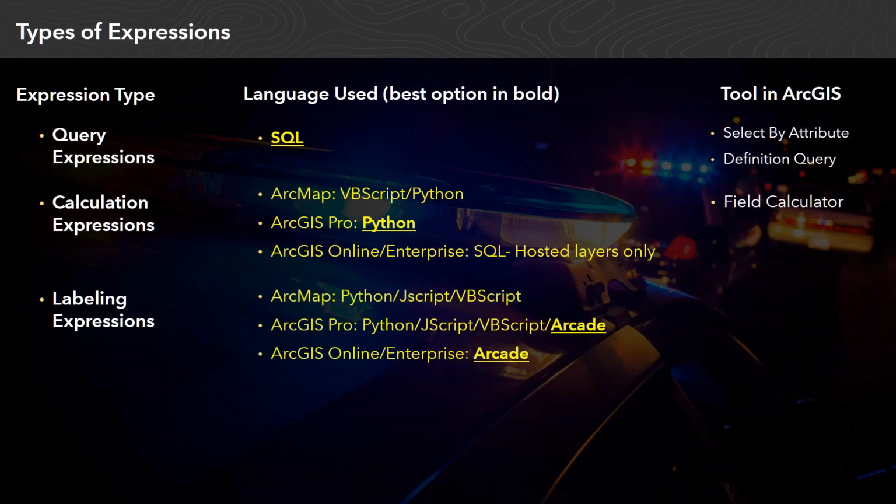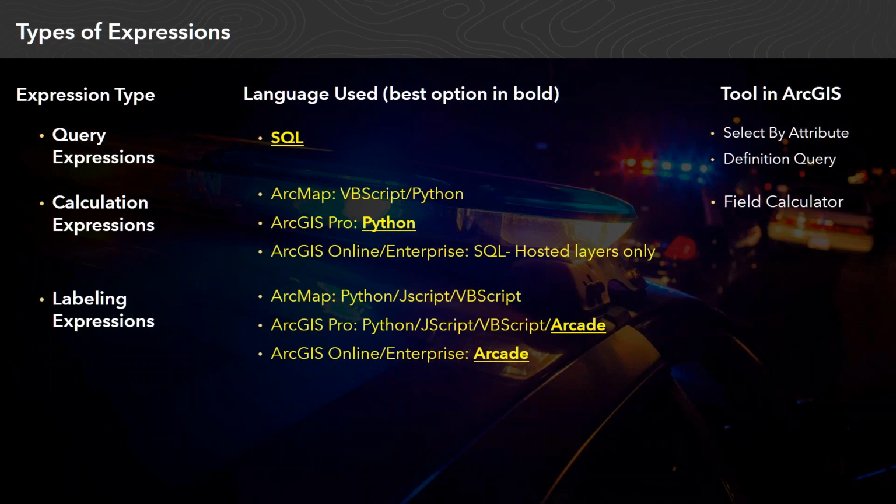When it comes to labeling expressions, there's a variety of options depending on the product as well. If you're using ArcMap, you can create labeling expressions using either Python, JScript, or VB script. In ArcGIS Pro, you can use Python, JScript, or VB script. And you can also use a brand new scripting language called Arcade. Arcade is important because it will ultimately enable you to take expressions seamlessly from a desktop environment to a WebGIS environment.